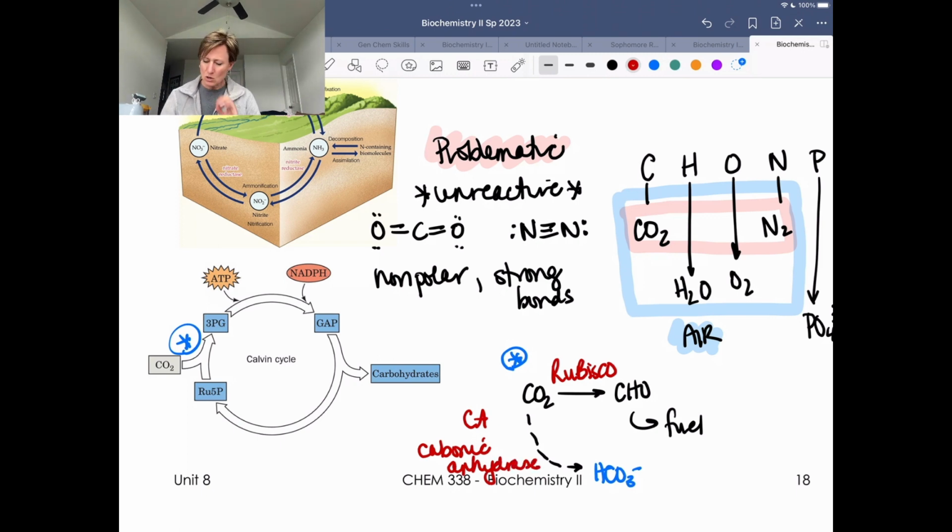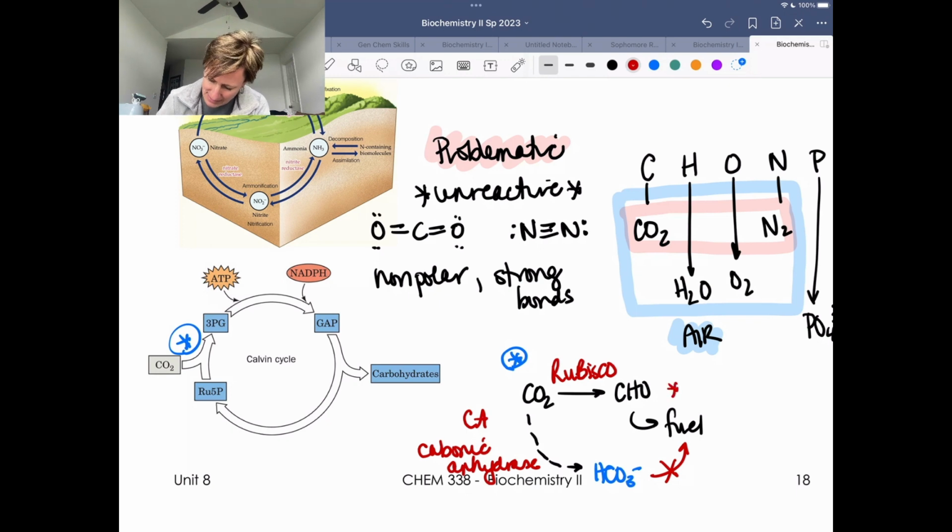But importantly, we cannot convert bicarbonate into fuel. So we can't use bicarbonate as a way, for example, to do gluconeogenesis. Okay, so Rubisco is a key important enzyme for making bioavailable carbon. Okay, taking carbon dioxide, which is unreactive, and converting it into a bioavailable form.